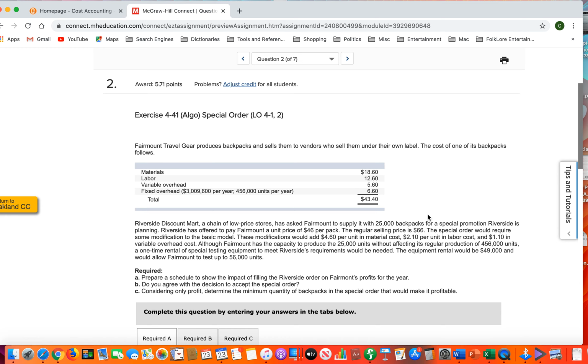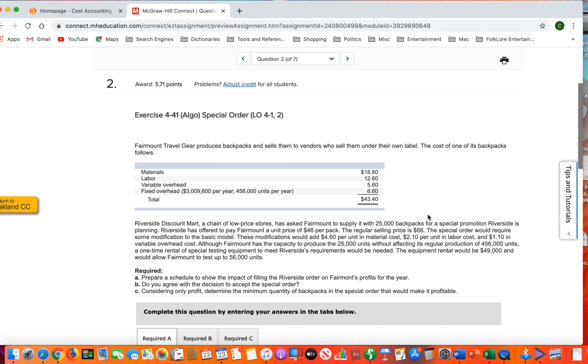You also have to buy a machine that's $49,000, and it's going to produce up to 56,000 units. So if you take $49,000 and divide it by the 56,000 units, that's 87.5 cents per unit. And we're going to consider that part of fixed cost. That's part of fixed cost, folks.